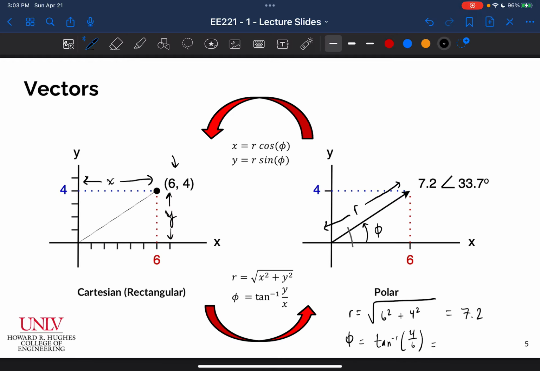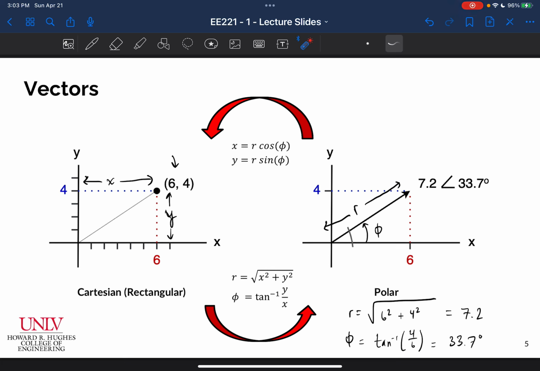Yep, put it in degrees. Radians and degrees are a big deal, so make sure you keep track of which one your calculator is in. Yep, I get 33.7 degrees when I'm in degrees mode. So that is exactly where these two values come from, just to show that.